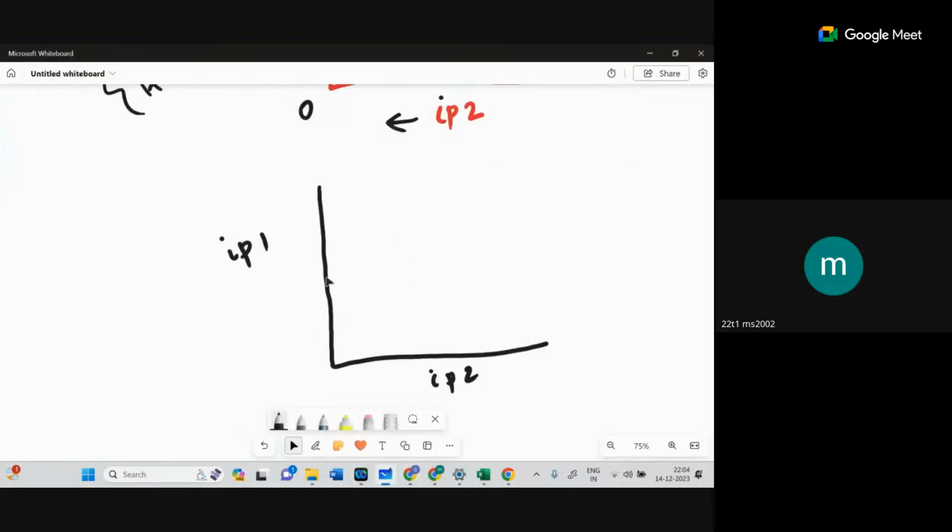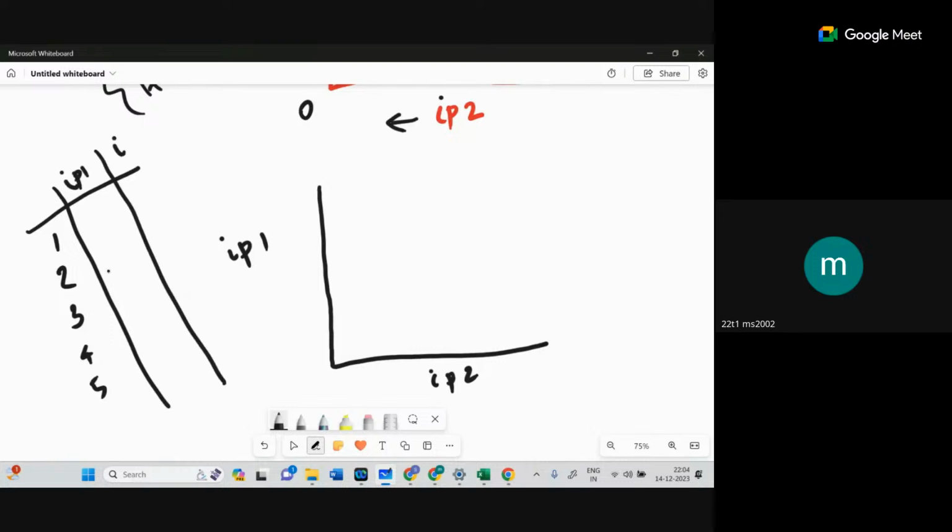So if you have 4 or 5 business units, 1, 2, 3, 4, and 5, for each you know what the input 1 and input 2 are. For example, DMU 1 might have input 1 as 10,000 and input 2 as 12.